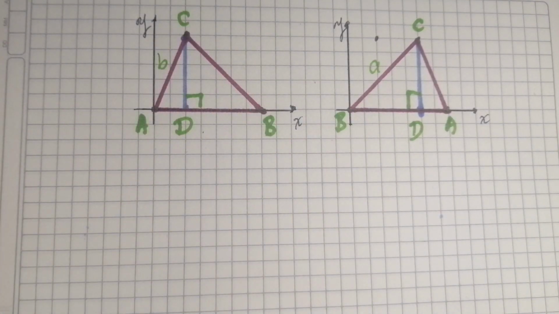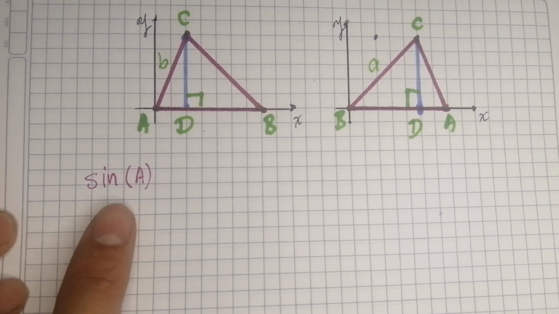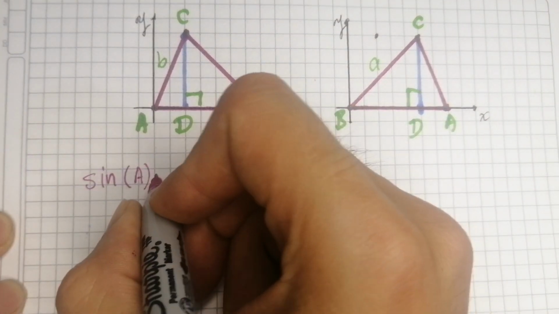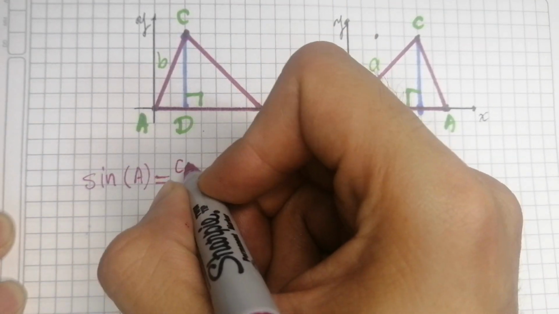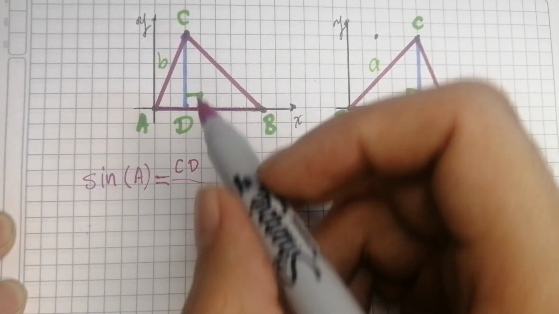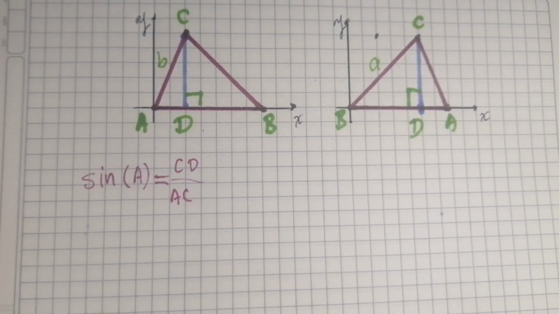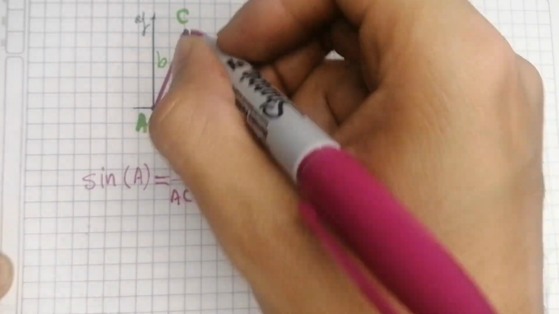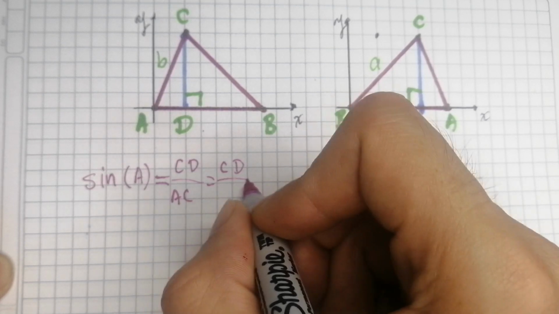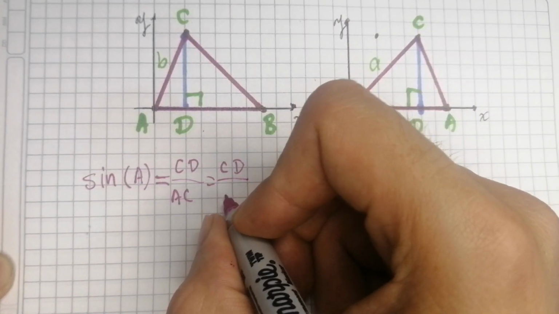So let's state that as the sine of the angle A is equal to the segment CD, this one that we have here, divided by the segment AC, which at the end is the same as saying that this is equal to CD, this line that we have here, divided by the value of b, because remember that AC actually receives the name b.